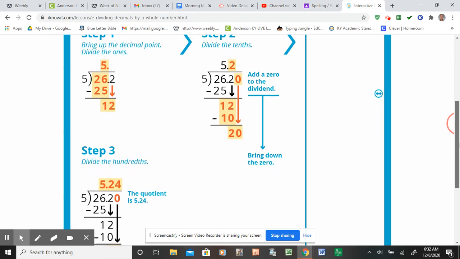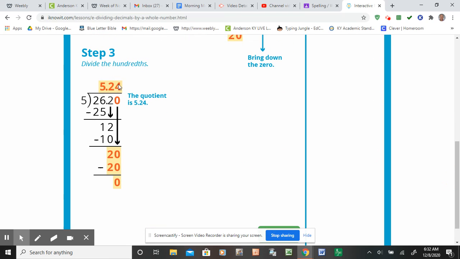That is our step 3, and we find out that it's 4. 4 5s make 20, and 20 minus 20 is 0, and that's exactly where you want to be. Always with decimals, a 0 for a remainder. And your quotient is going to be 5 and 24 hundredths. It's that easy.